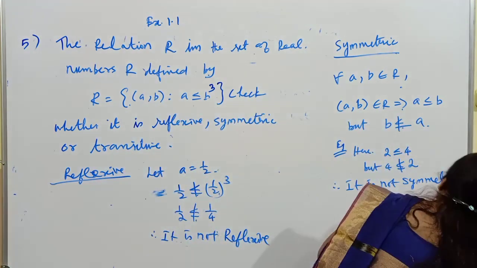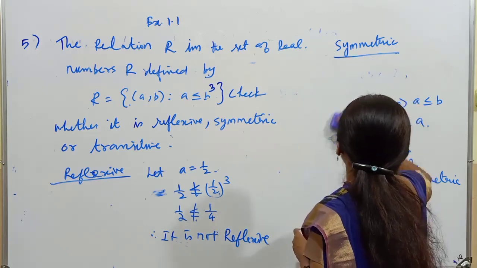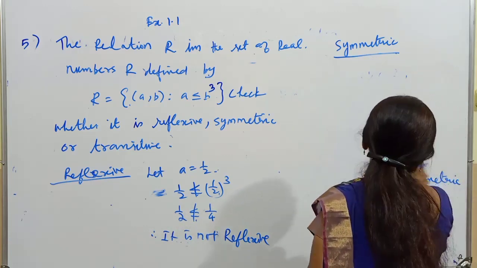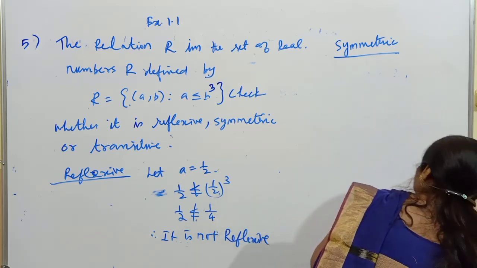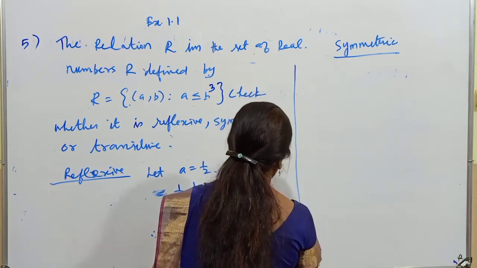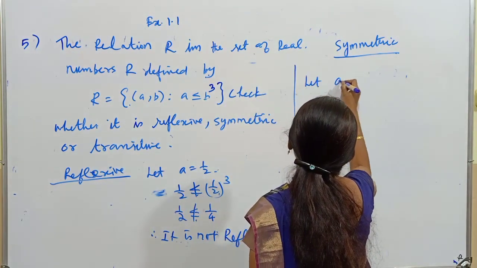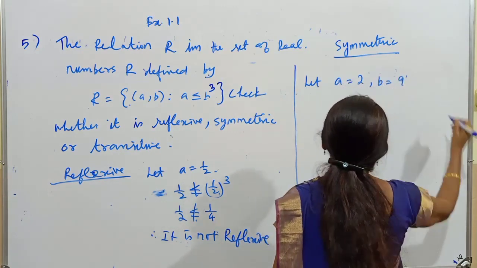Next, we are going to check symmetric. Let a equal to 2 and b equal to 9.